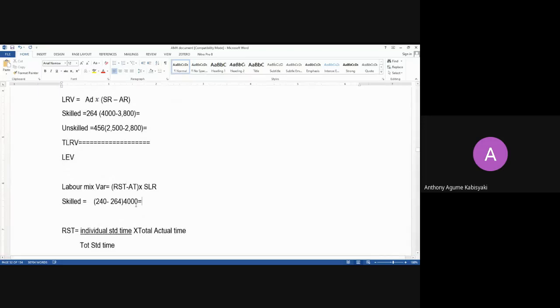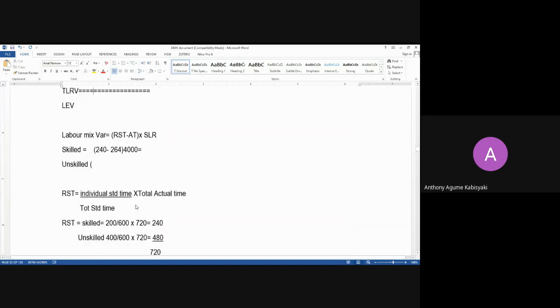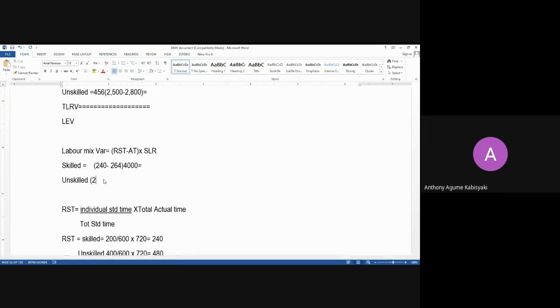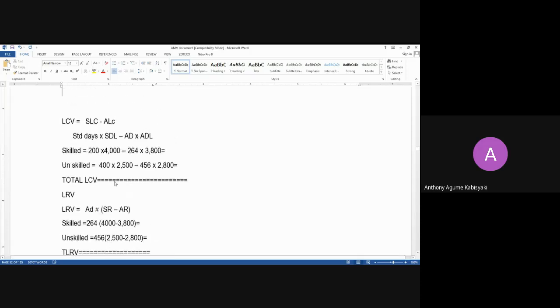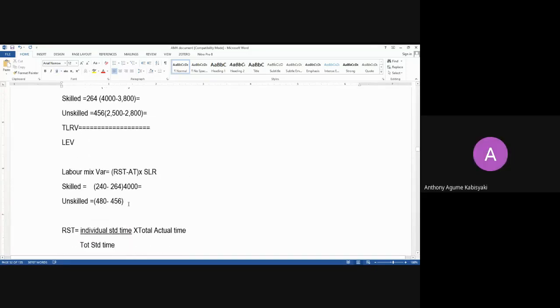Then you get the variance. Then I do the same for unskilled. The revised is 480 minus the actual, which is 456. Then times the standard daily rate, 2,500.